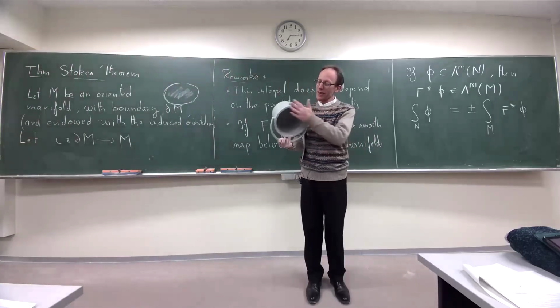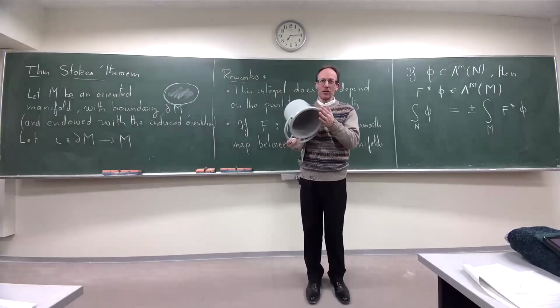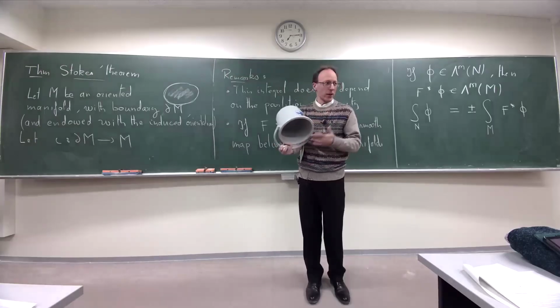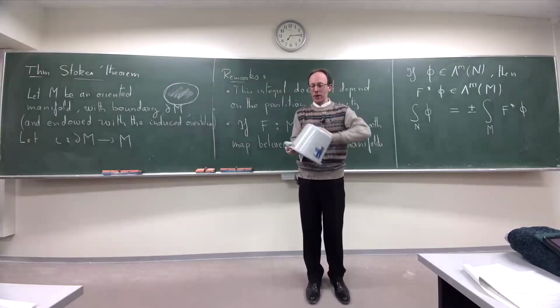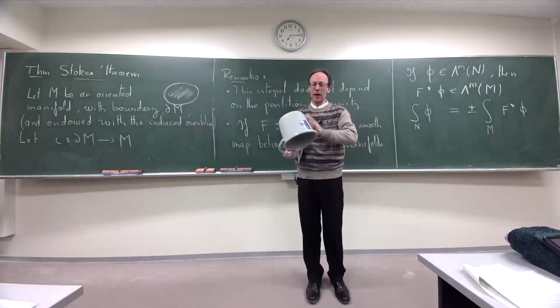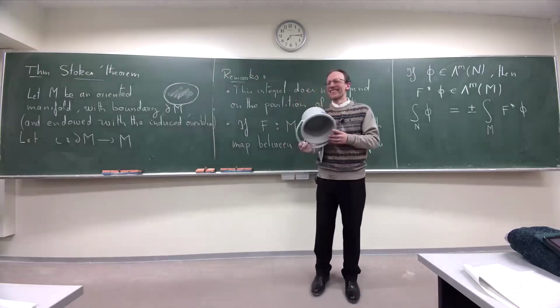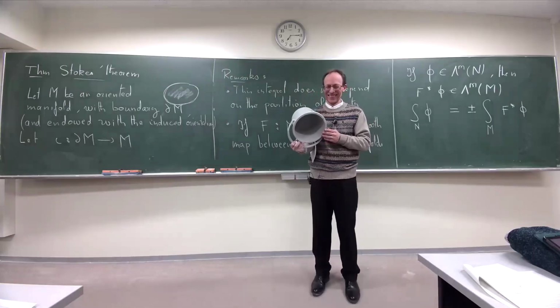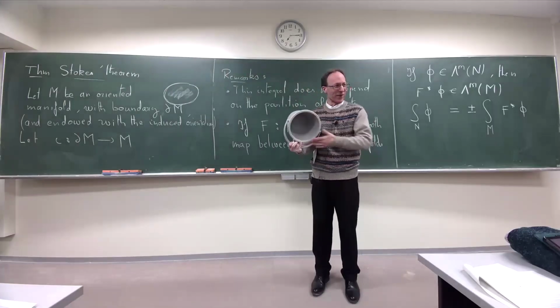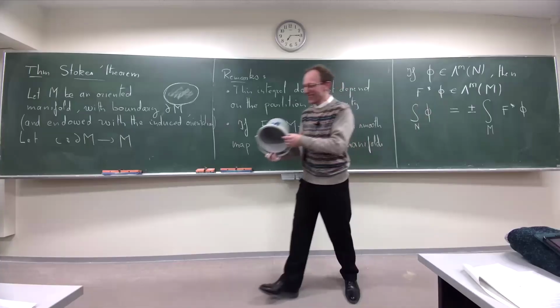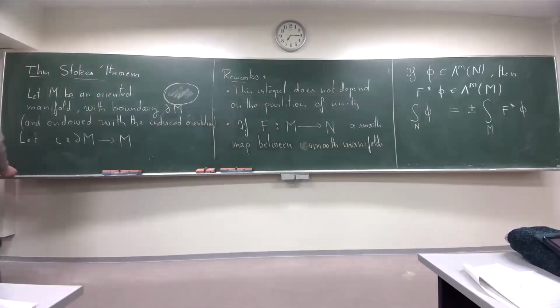This is a manifold, it has a boundary. So the boundary is itself, if the manifold is of dimension M, the boundary, I hope nobody takes a picture. The boundary itself is of dimension, no, M minus 1. Of course, I know.